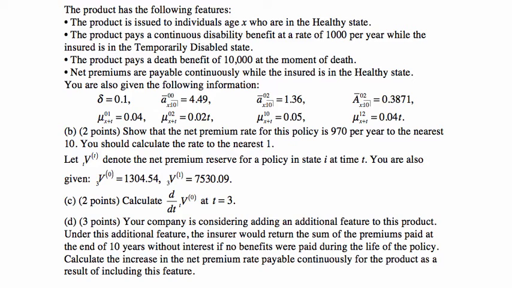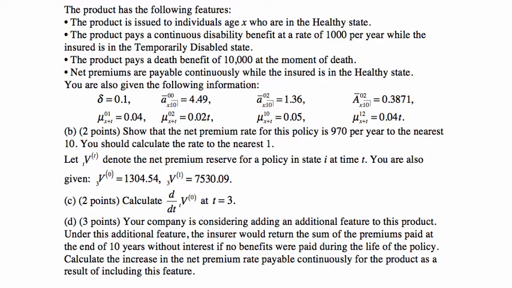You are given the life annuity payable as long as that person is in state 0, for 10 years, starting from state 0. The payment happens only if the person is in state 0, but it's paid continuously while in that state. And that value is 4.419.